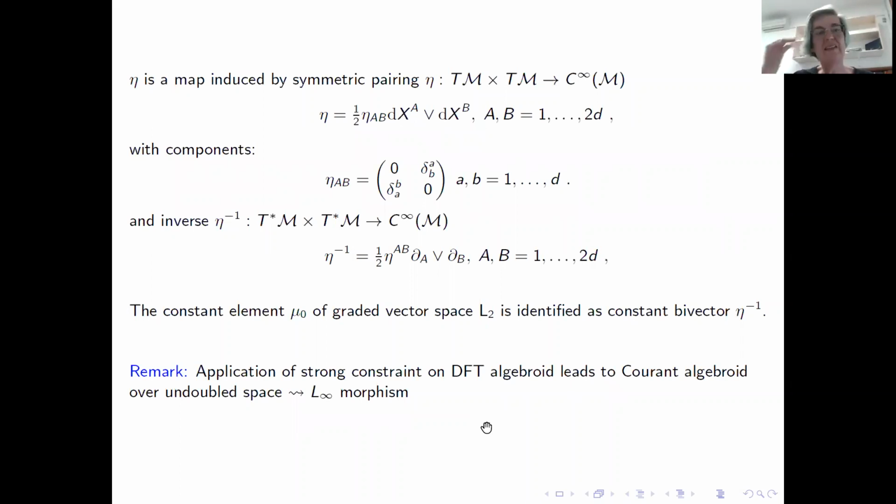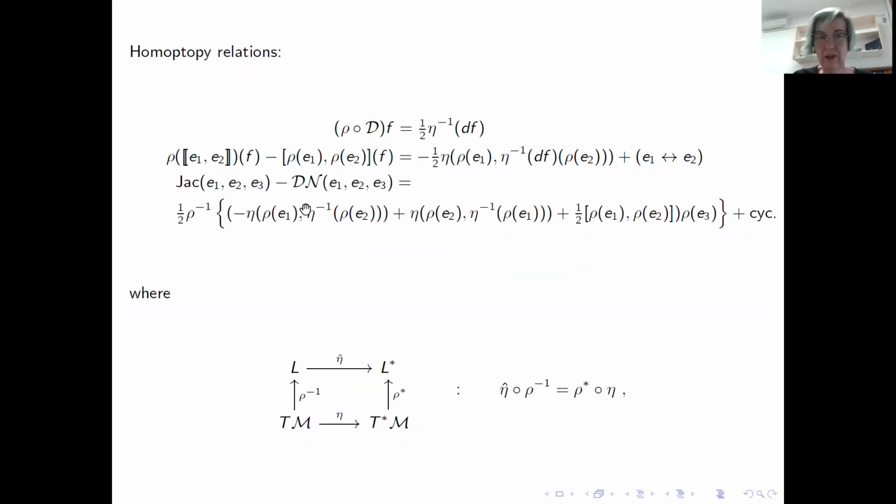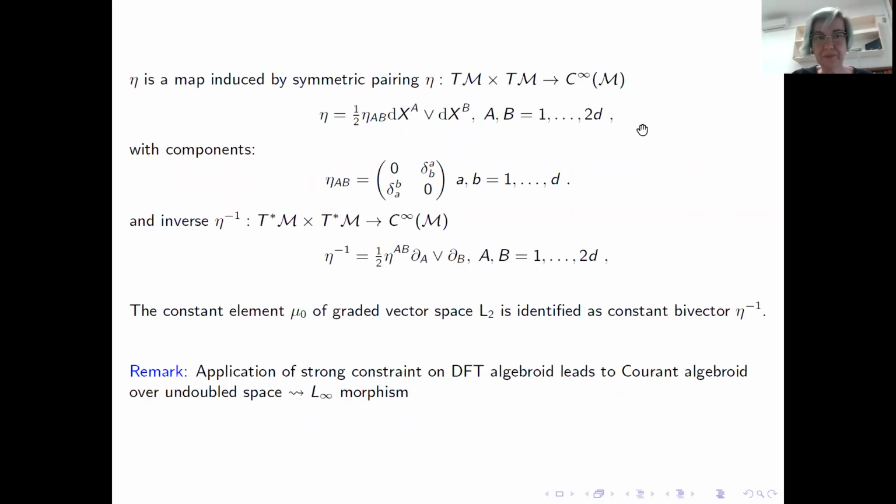As I say, this eta is induced by the pairing here. This is a constant metric. It has an inverse. Obviously, it's a constant map. And this element is the element I am identifying with my constant element of the graded space L2. I could choose any. I will tell you later why I choose this one to be mu0, as this constant bivector eta inverse.